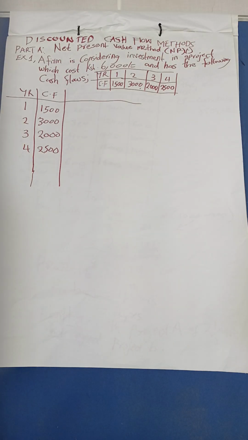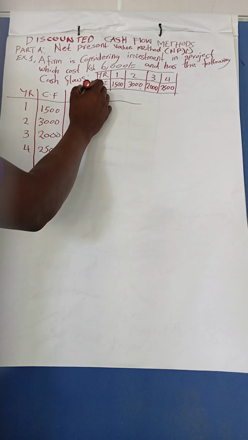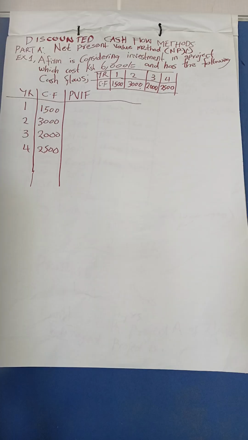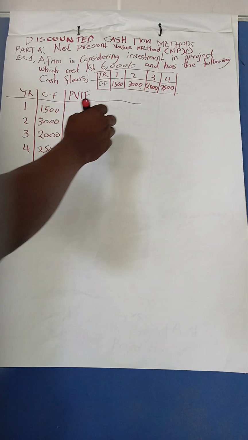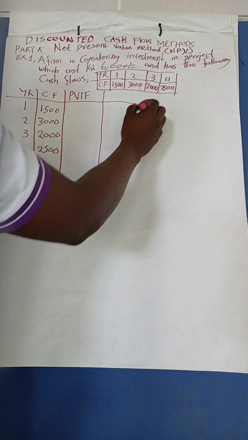There is another column you'll have to add here called PVIF. I will tell you how we are going to get it.